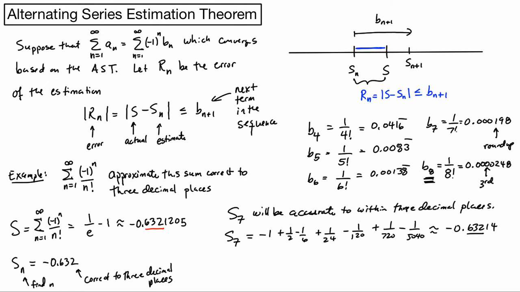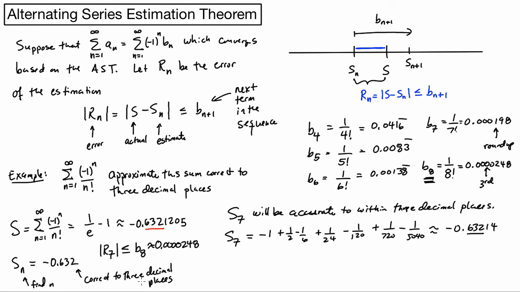Now, what's interesting about this is we know that the error associated with this sum is R7, which is less than or equal to B8. And B8 is this number we have over here. Very, very small error associated with this partial sum.